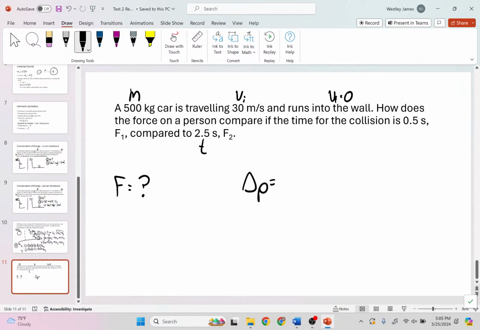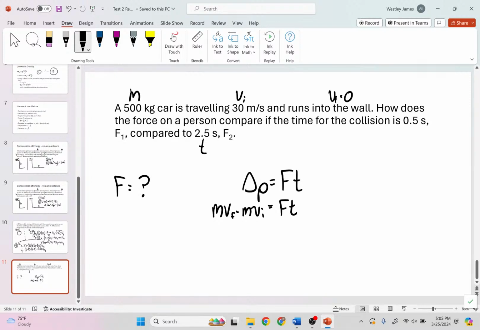Yes, change in momentum. The way it'll be written on the formula sheet is FT. So this is where you start, this is where the formula is. The change in momentum, you're like, I don't have momentum. Well, you do have to know that momentum is mv final minus mv initial. That is the change in momentum equals force times time.